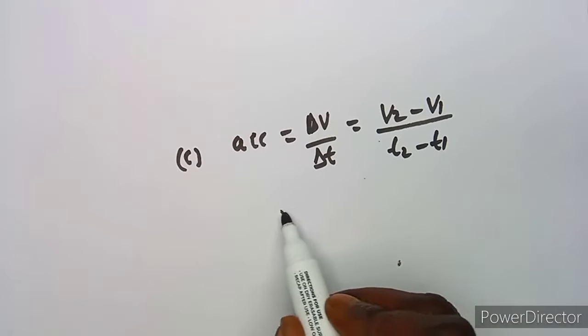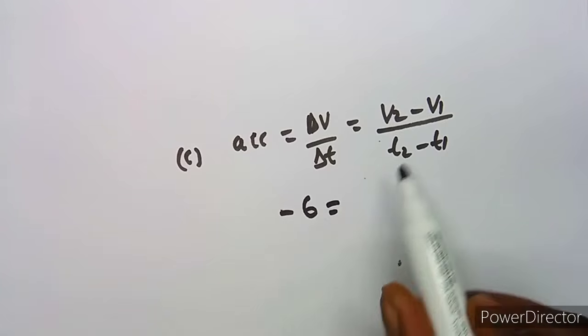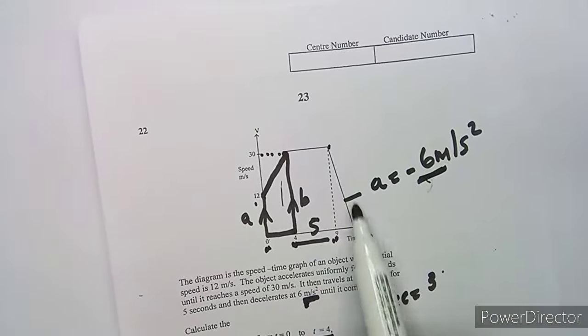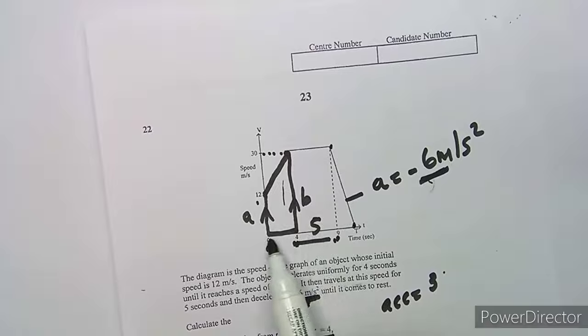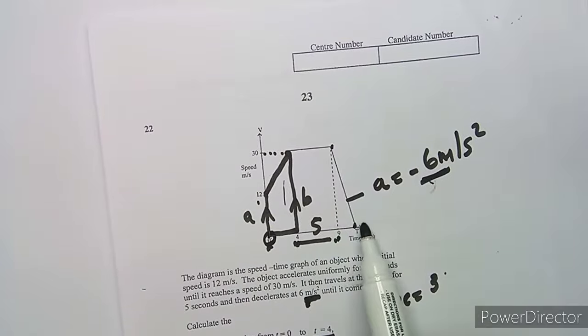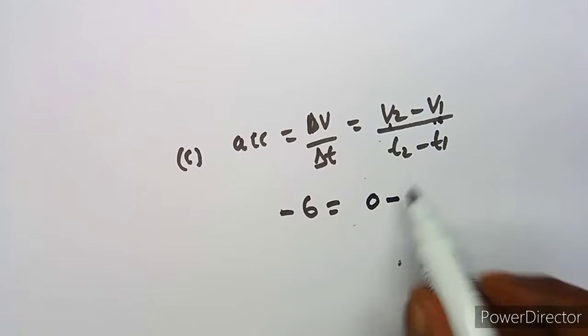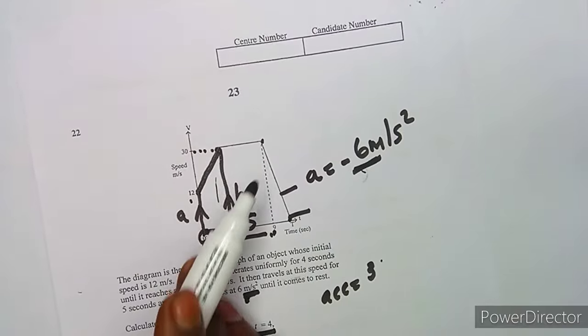So we are going to say our -6 is equivalent to v2 minus v1, which is the velocities now. So v2 is the final from this point up to this point, and at this point the velocity corresponds with what? With the 0, because you are at rest, and at rest your velocity is at 0. So that would be 0 minus v1, where it started from to decelerate.